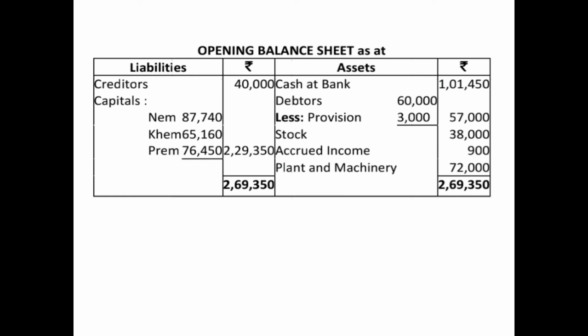Because 5,000 was existing beforehand, and later on when Prem was admitted, he brought 20,000 for goodwill in cash and 76,450 in cash for his capital. So now the cash at bank, by combining all these amounts, will become 1,01,450. So our balance sheet total will be 2,69,350 on the liabilities as well as the asset side.